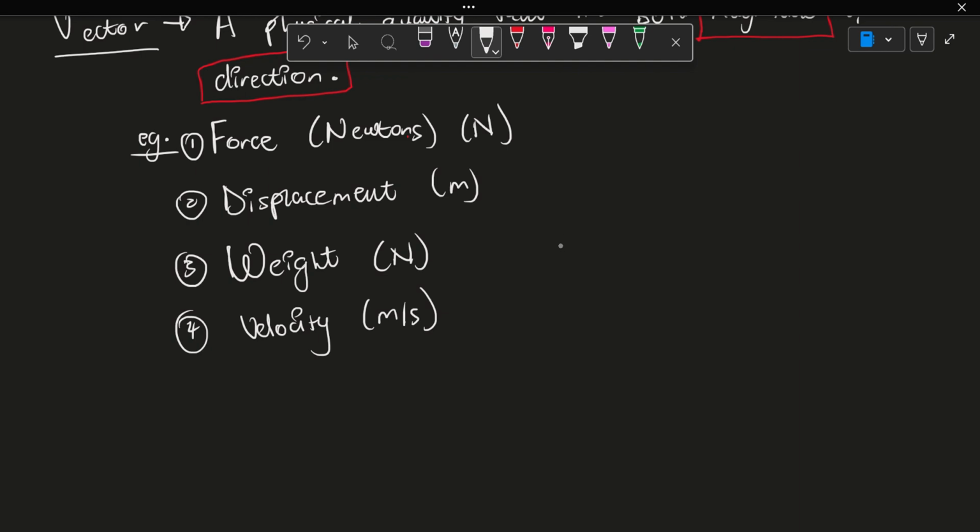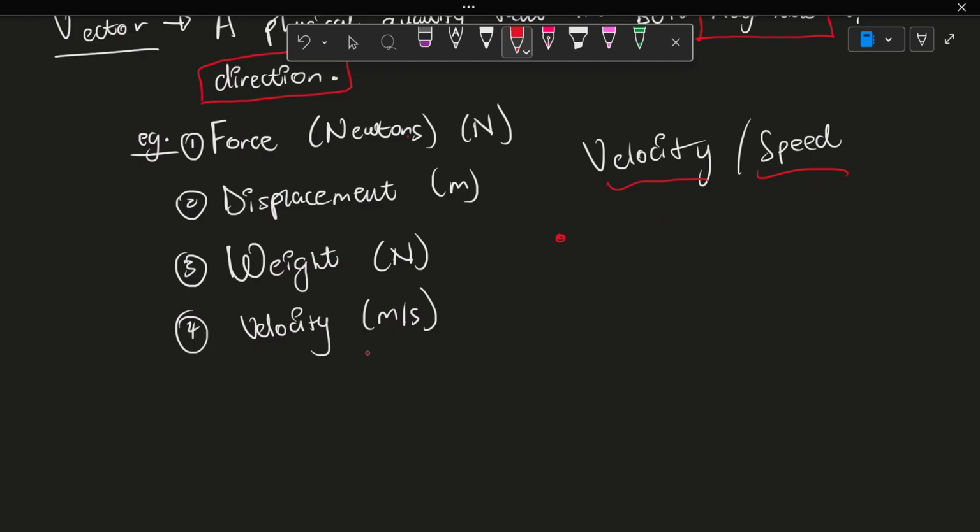So you have the velocity. I've been coming with a lot of these misconceptions, but with velocity, we compare velocity to speed. Ladies and gentlemen, please know that velocity is not the same as speed.